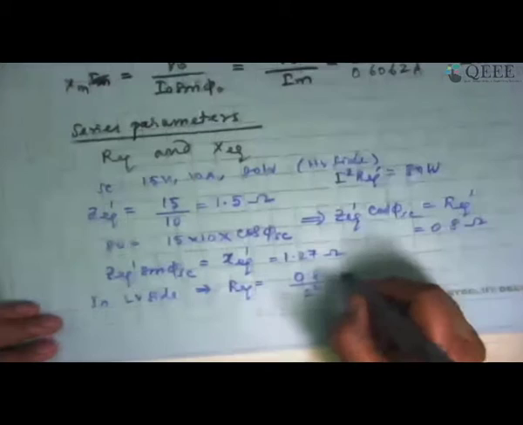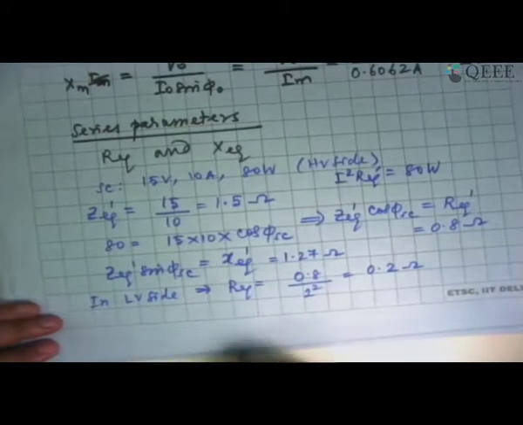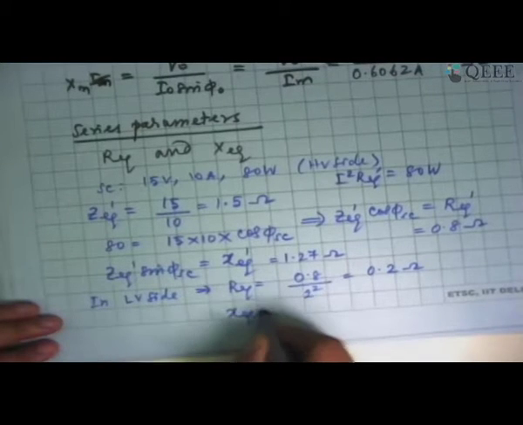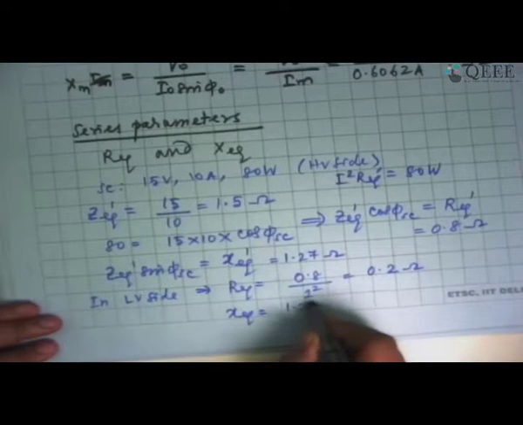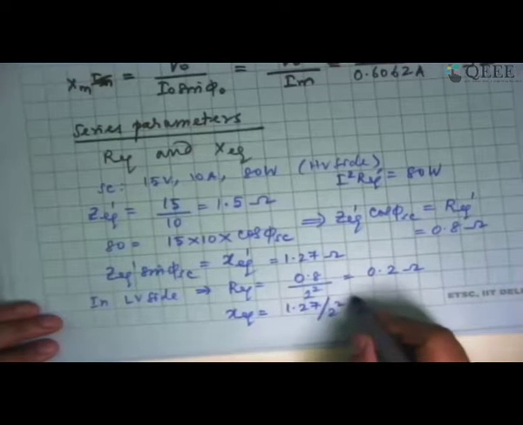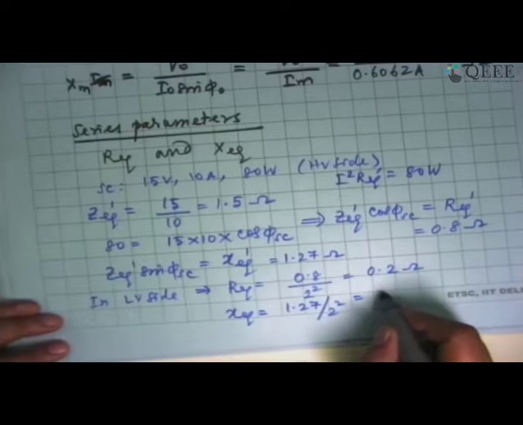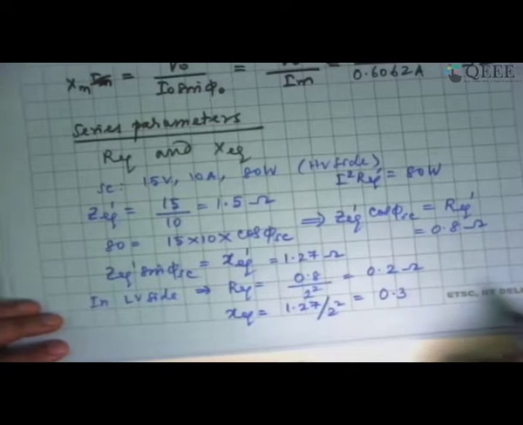So this will be 0.2 ohms. X equivalent will be 1.27 divided by 2 square. So you can calculate this also. 1.27 divided, so 0.3 something it will come out to be, right?